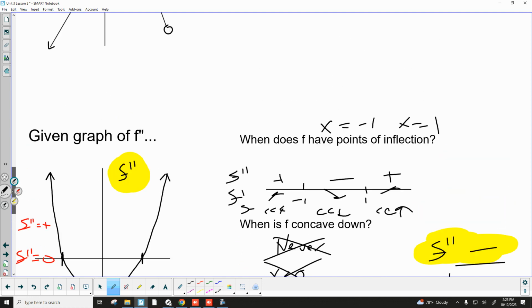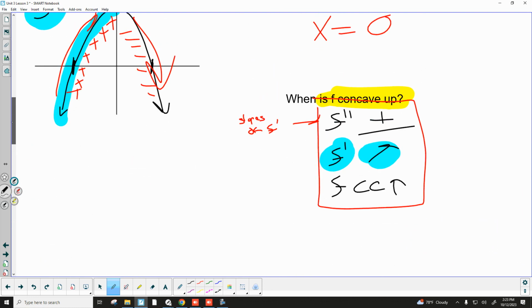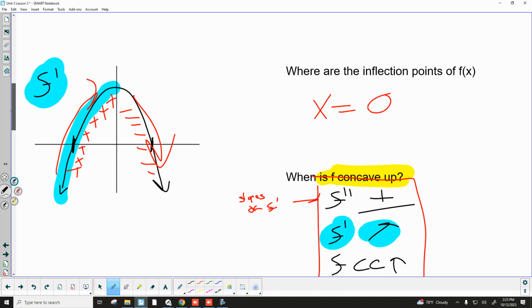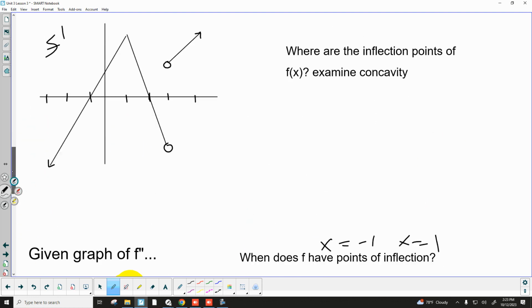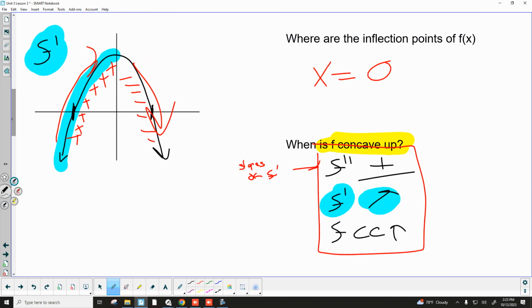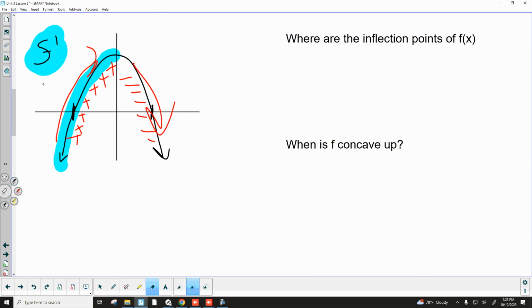Everything I just did, everything you've done, thrown away, gone. Same questions remain, but that's F double prime. You need to know about other stuff.